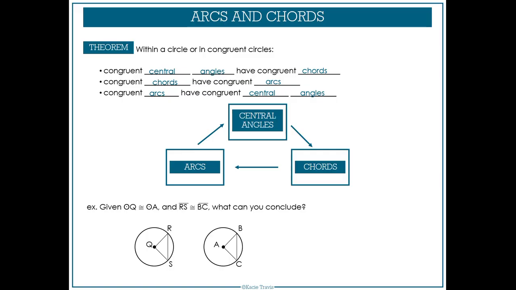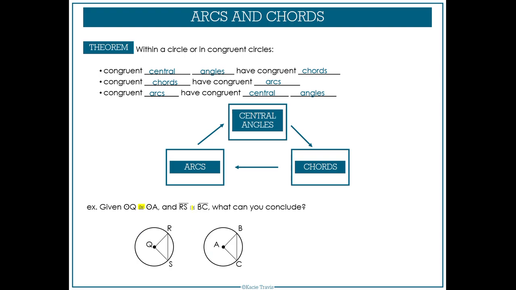So let's give you a quick example to hammer this home. All right, below here we have two circles, circle Q over here on the left and circle A over on the right. They're both congruent. Remember, whenever you see this symbol here, this is a blast from the past, we're talking about two objects that are the same. So these two circles, Q and A, they're both the same.